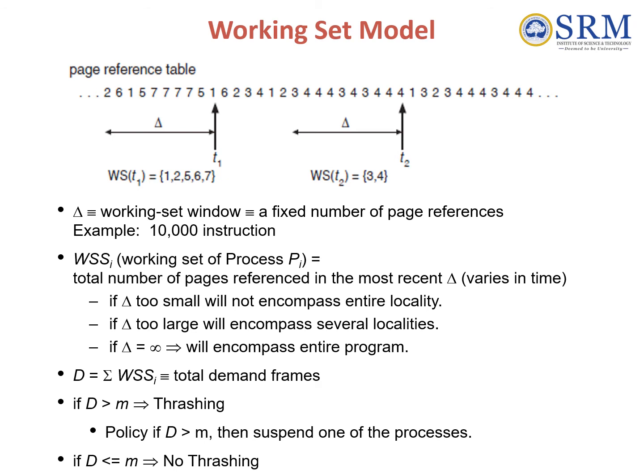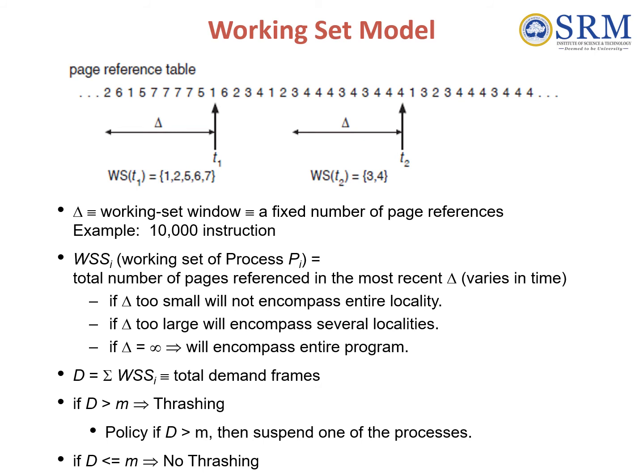For the next time interval T2, the next 10 pages are considered, where I'm going to load only 3 and 4. The remaining are empty. So here I need 5 frames, and here 2 is enough, right? So this is the working set. We are considering a window size of 10 here.